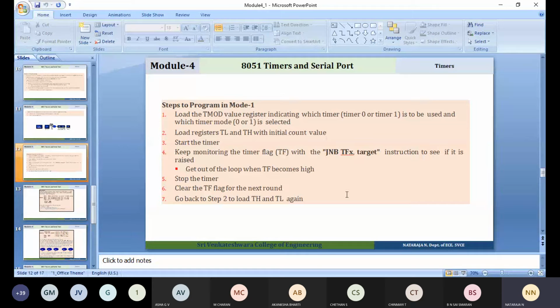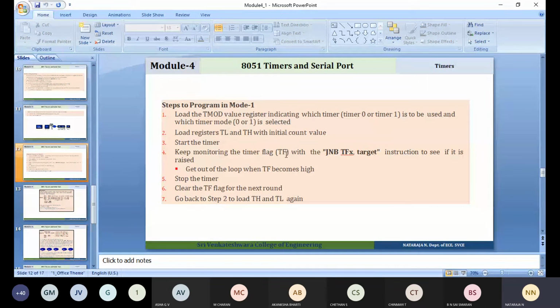Once the number you loaded in TH and TL reaches maximum, it will generate a carry signal. When it gives the carry signal, the TF flag will be set. We use the instruction JNB TF, jump if no bit, to observe this flag.